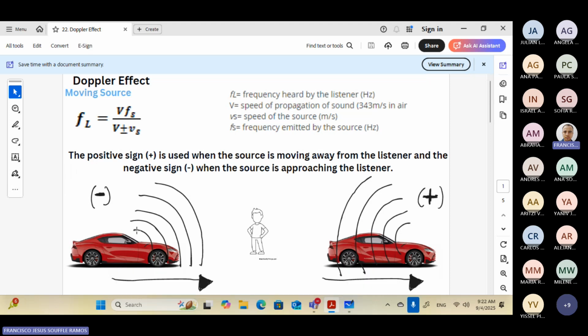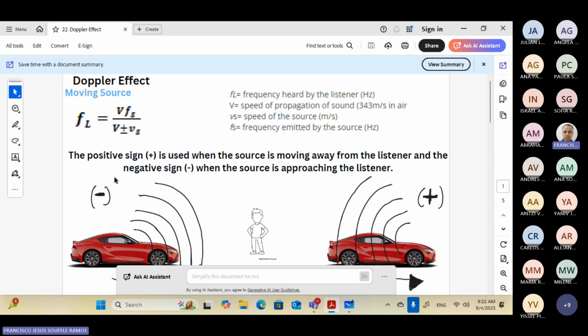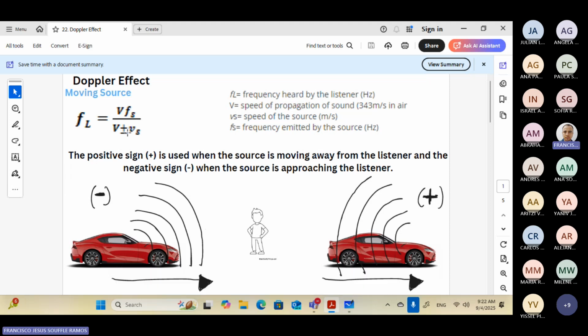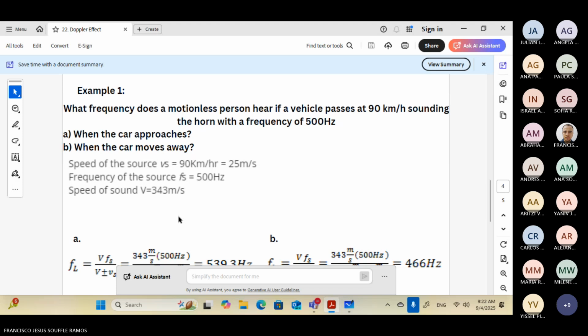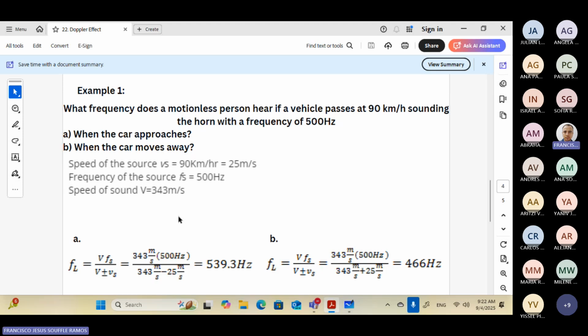It will be the one to the left right here. So I need to use the negative sign down here. So if you see right here my example, we have a negative sign in the denominator. I choose the negative sign. Everything else, just plug the values, and that's it. You find this on your calculator. 539.3 hertz. That's A, because the car is approaching.